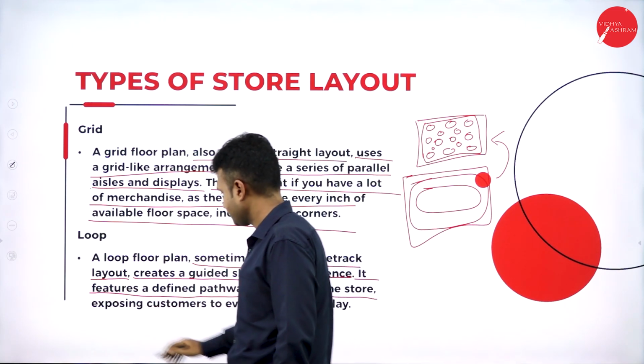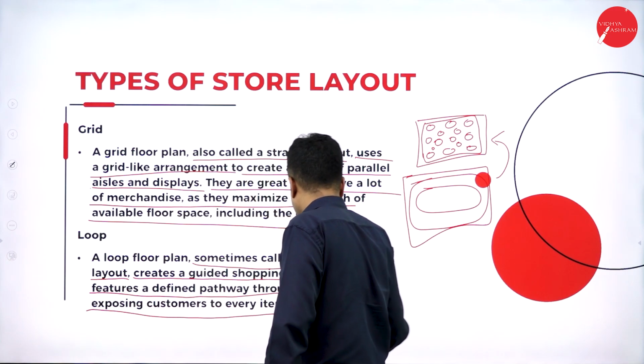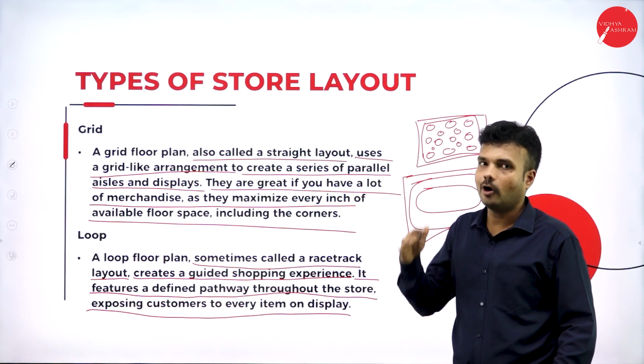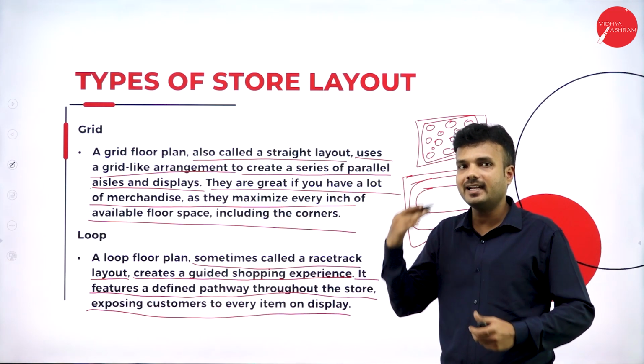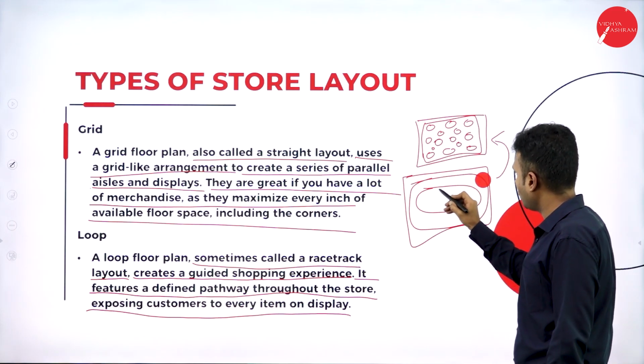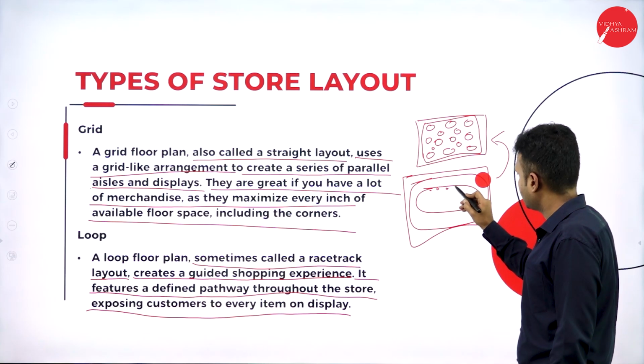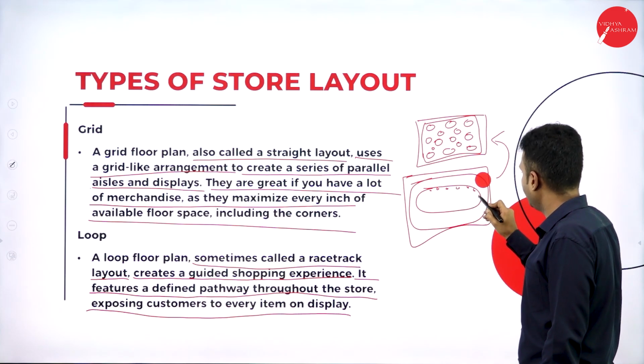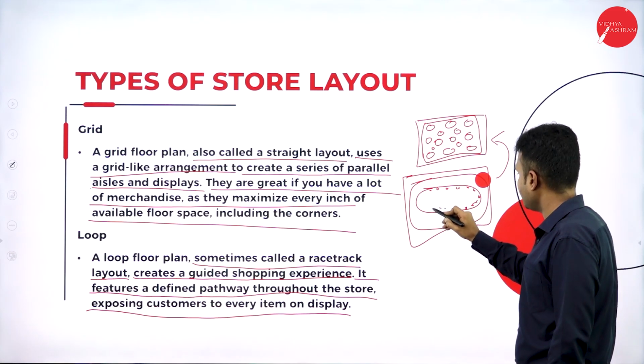It is going to expose the customer to all the products displayed. So in this path all the products will be placed so that the customer can view the product and make a purchase decision.